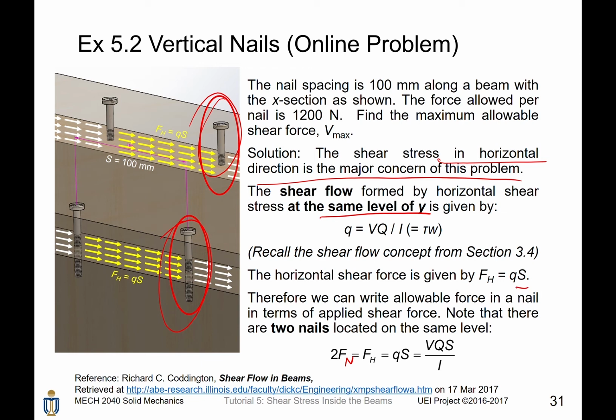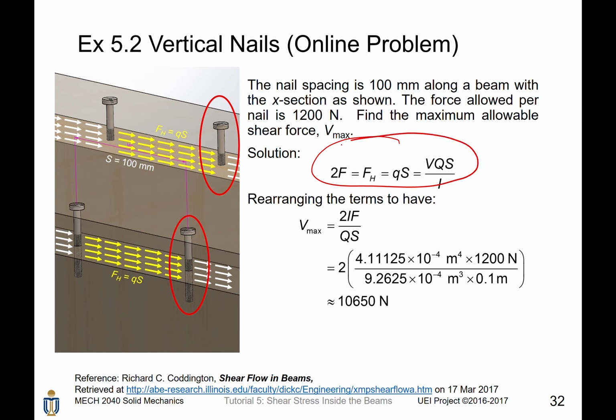But you know that the shear flow is just VQ divided by I. Then we can write 2 times the allowable force of nail equals the shear flow times the spacing, which equals VQ divided by I, which is the shear flow, times the spacing s.